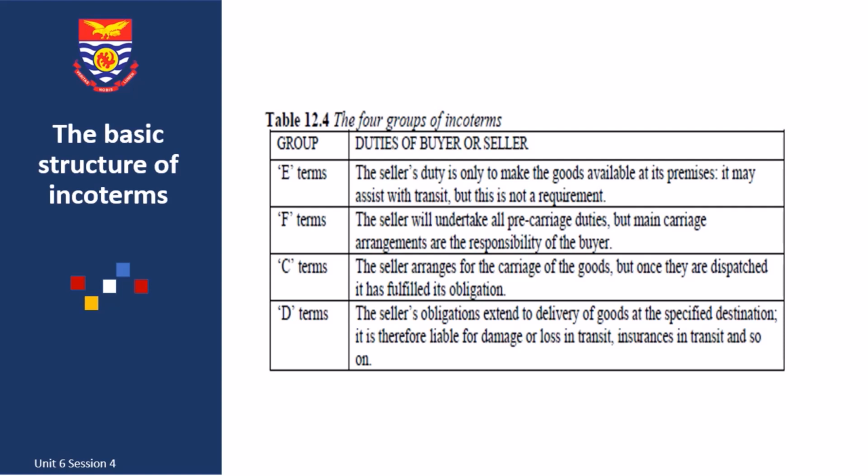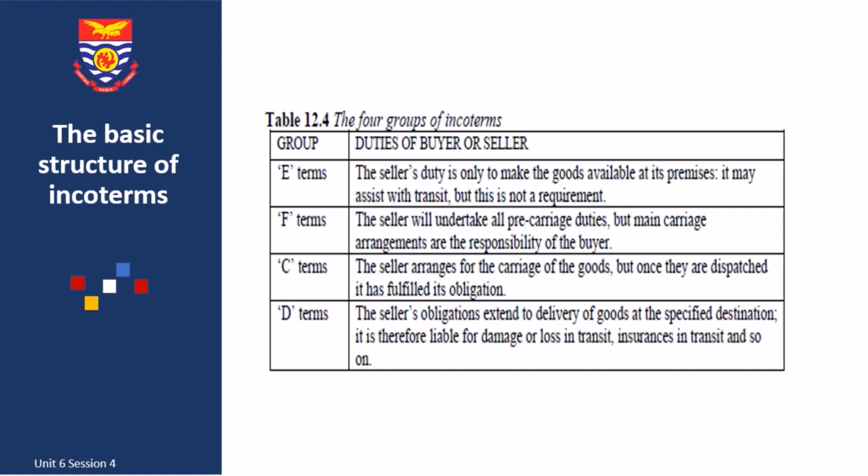The E terms define the duties of the buyer and the seller as follows: the seller's duty is only to make the goods available at its premises. It may assist with transit, but this is not a requirement. So if we draw up a contract and decide to use the E terms, both parties are going to understand that the supplier is discharging its part of the contract once it makes the requirement available at the supplier's premises.